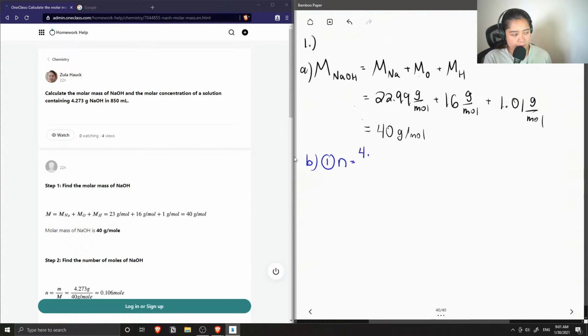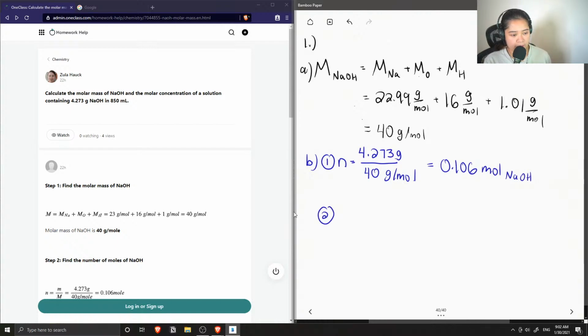So we have 4.273 grams, and we just need to divide by our molar mass, which is 40 grams per mole. And for the number of moles, we end up with around 0.106 moles of sodium hydroxide.